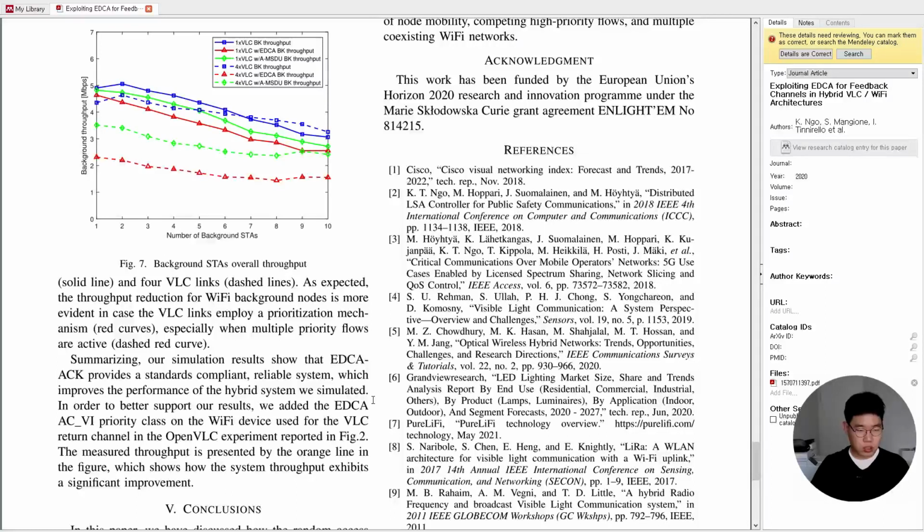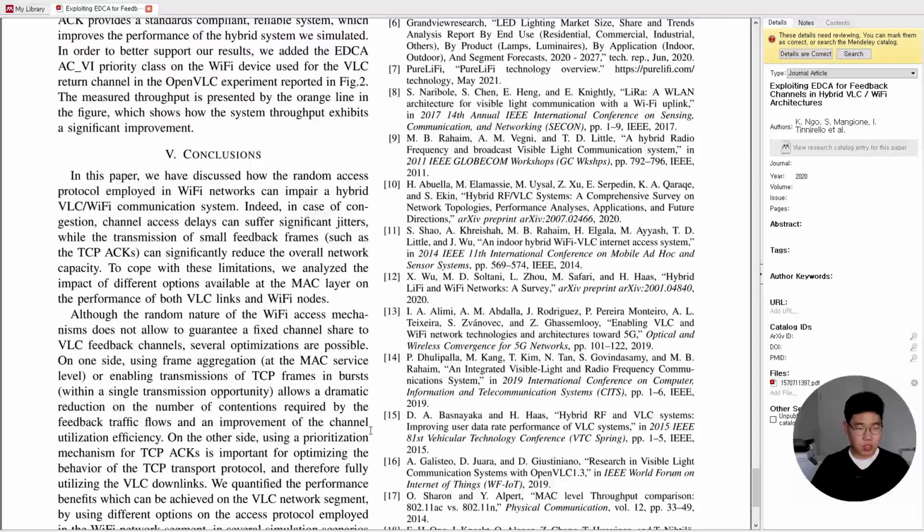The measured throughput is presented by the orange line in the figure, which shows how the system throughput exhibits a significant improvement.